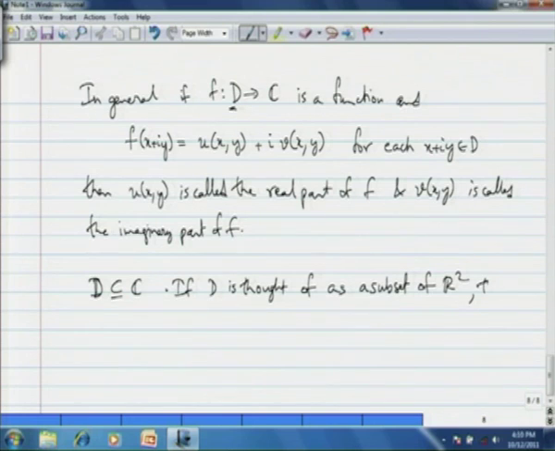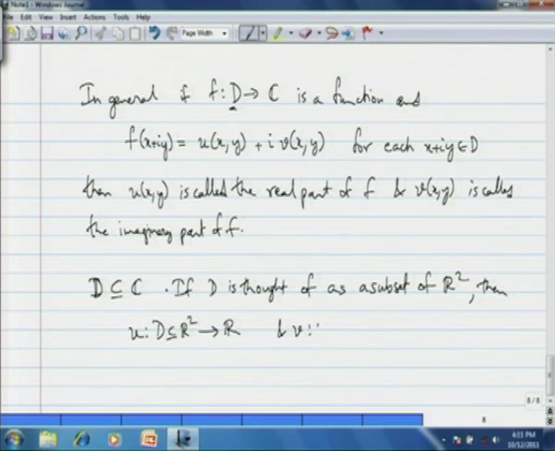So, if we think of the complex numbers in D as points x comma y in R2, then u is a function from D contained in R2 to R. After all, u of x y is an expression which gives you a real number.